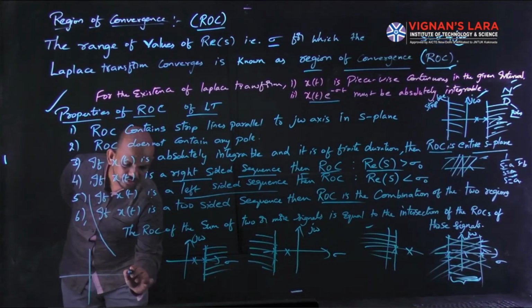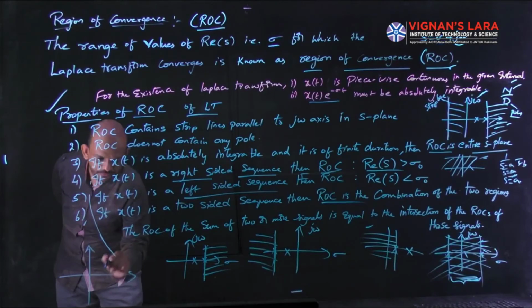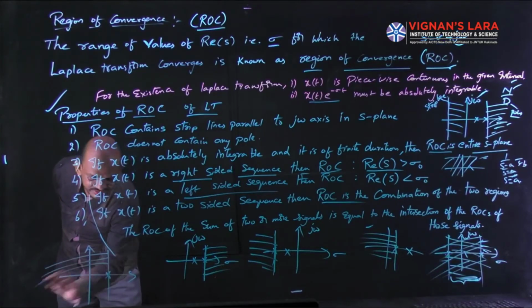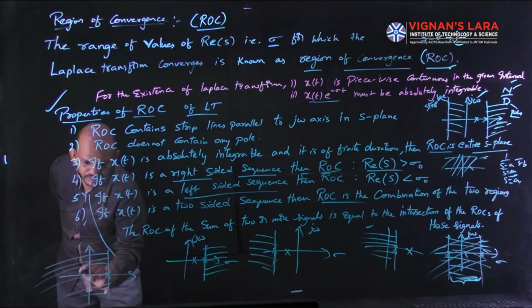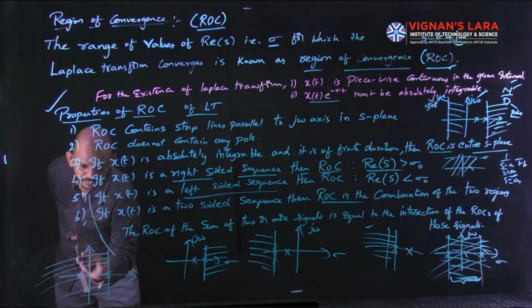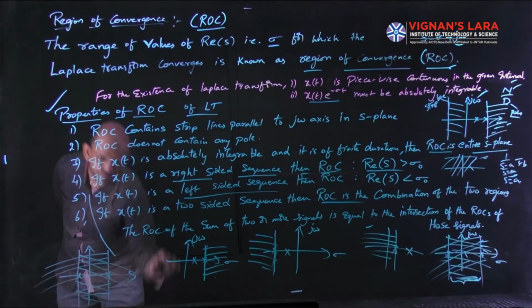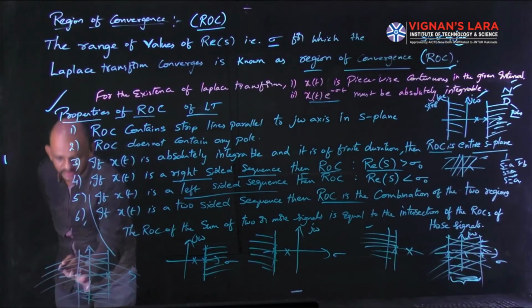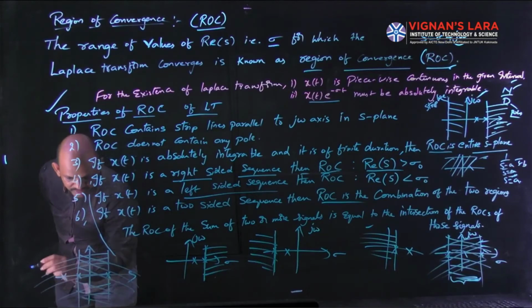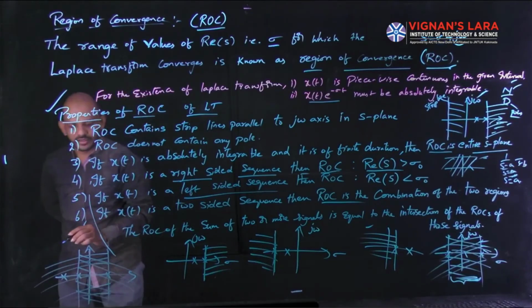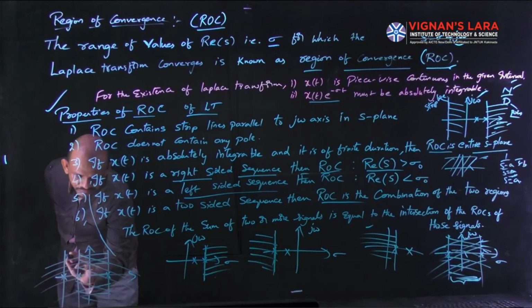here, the first signal has a pole here, and its region of convergence is like this. Okay, and the next one has a pole here, and the region of convergence is with this. Okay, and the third one is here, and the region of convergence is to this side.